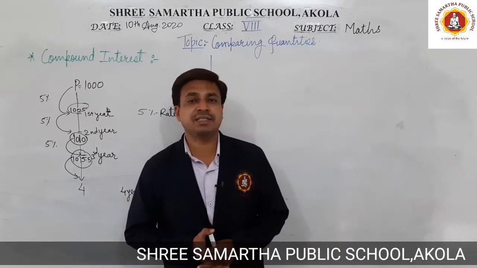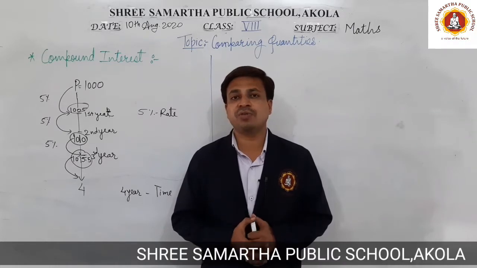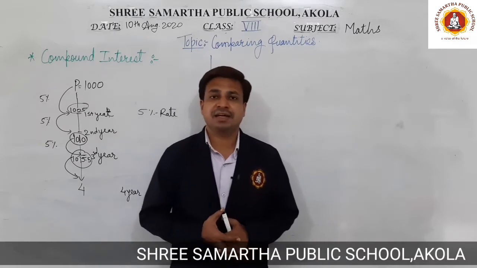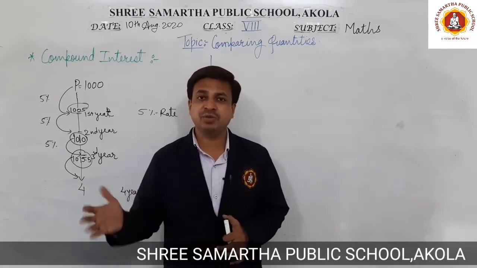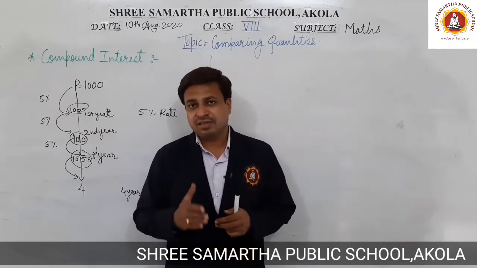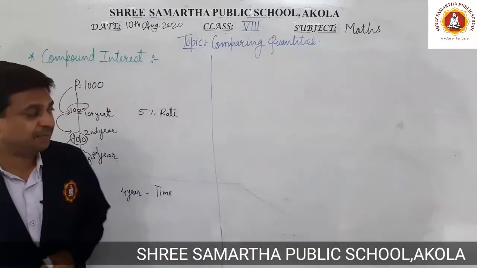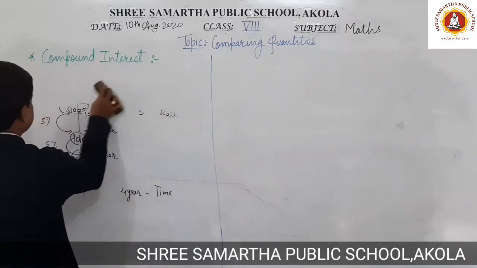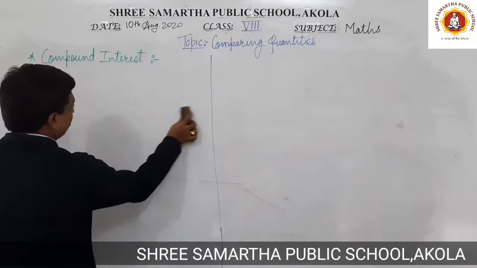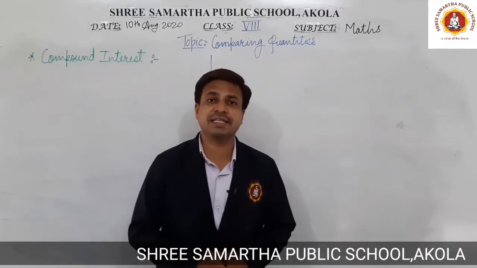But in compound interest, if you are depositing a certain amount for 4 years compounded annually, then every year's interest will be added to that, and we will get a new principal for every year. So in compound interest principal changes every year. It goes on increasing, the interest being added depending upon the example.